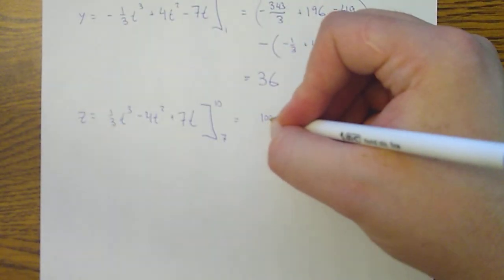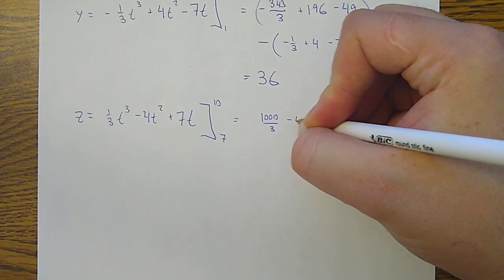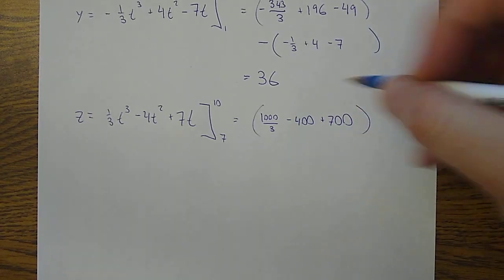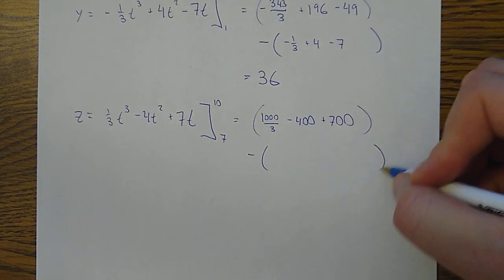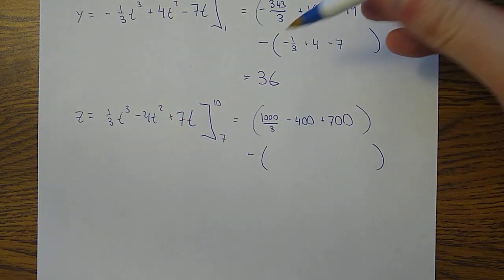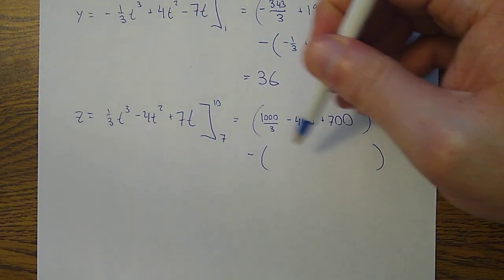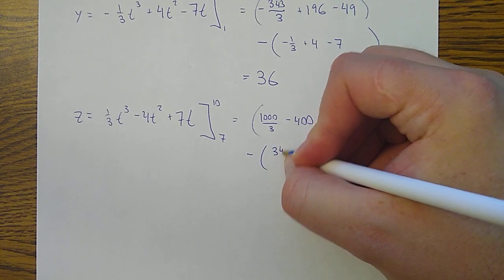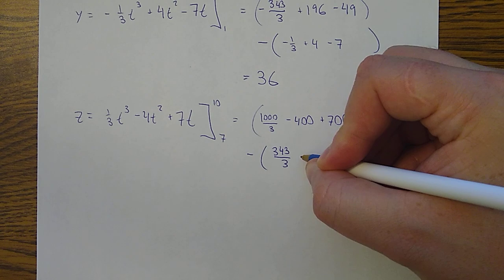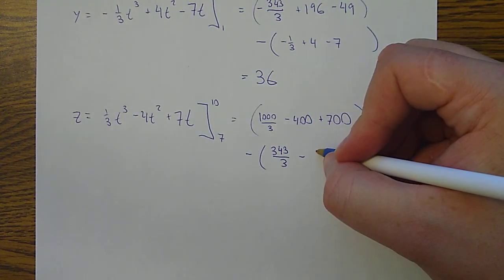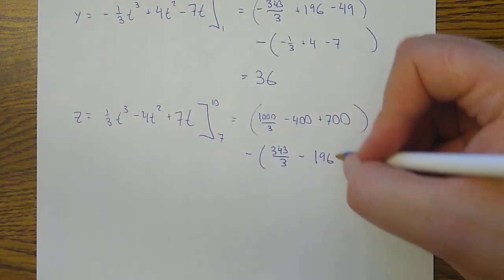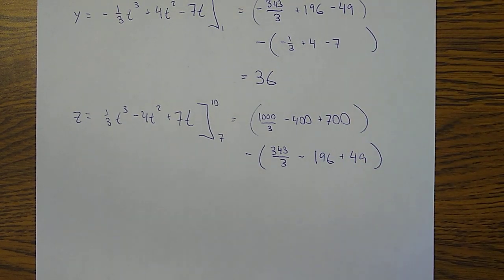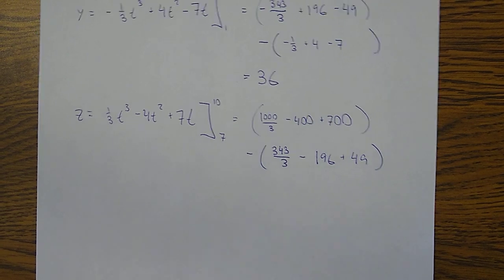This is 1,000 thirds minus 400 plus 700 minus, and then I plug in 7. And you'll notice there's some repeat work here. 7 cubed is 343 minus 196 plus 49. So you're going to see some familiar numbers pop up, but we have to do this work.